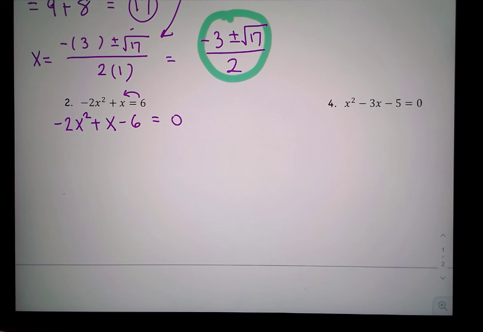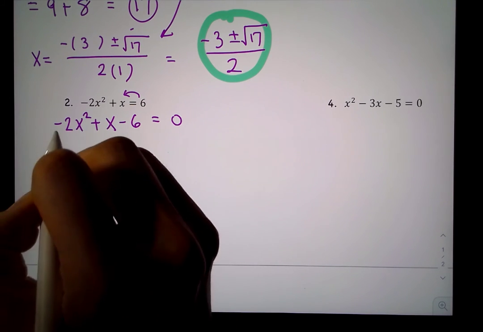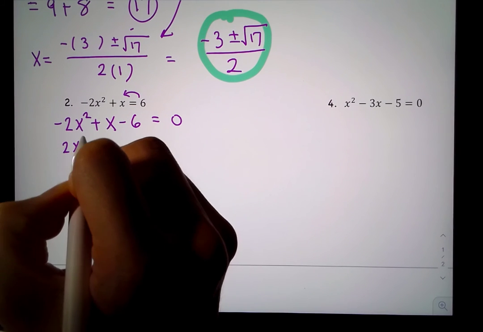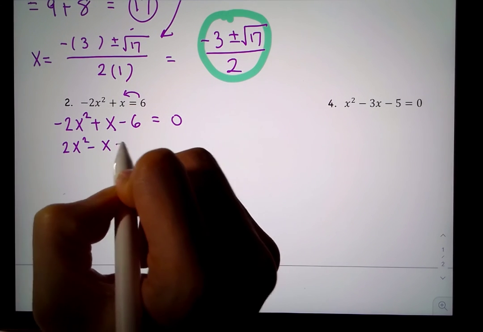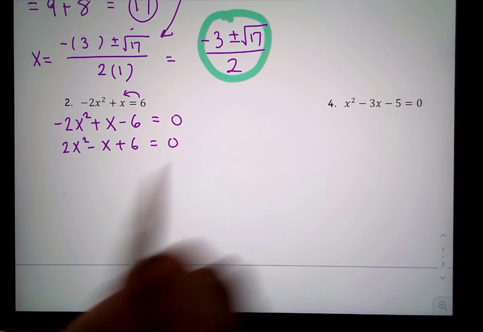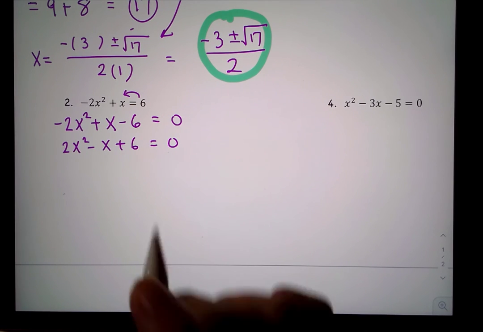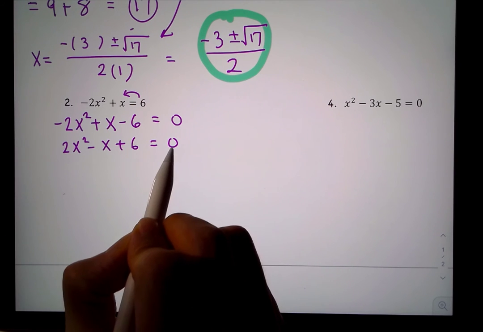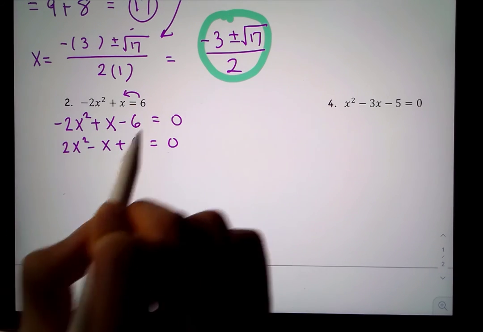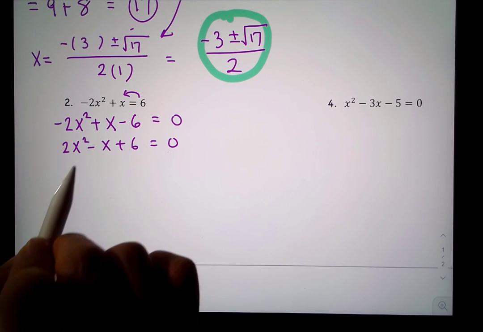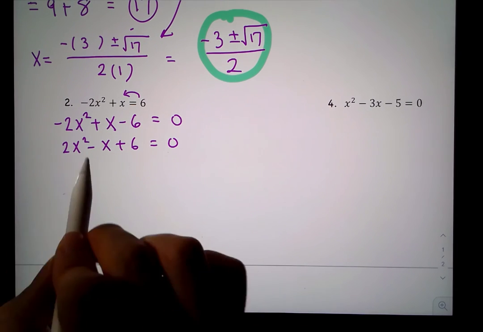Okay, and I told you when your a is not positive, then you make it positive, or you can factor by negative sign. So this one, I'm gonna make it 2x squared minus x plus 6. But if you don't want to, you don't have to. And you know, you can do that because the other side is 0. So if you multiply by negative to each side, then you can get this one.